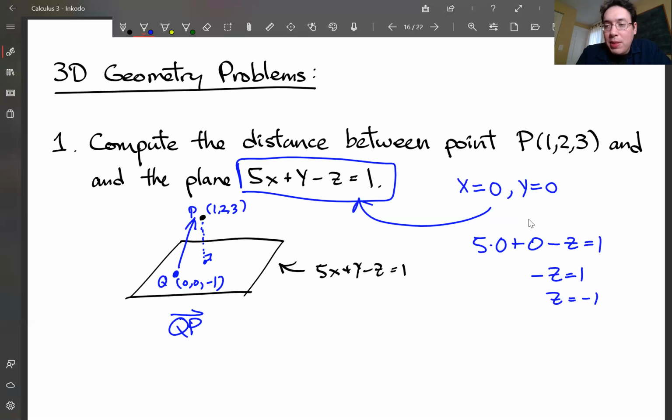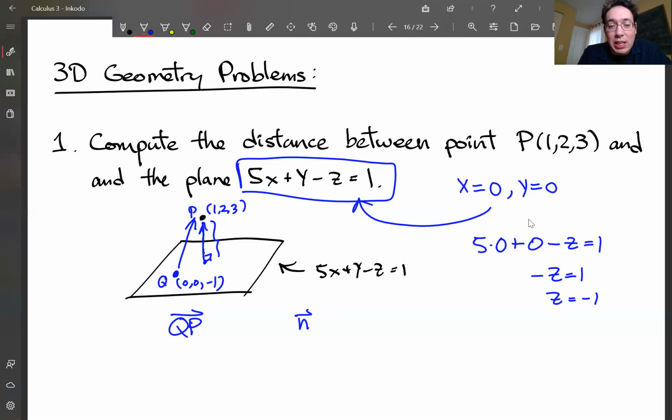Well, Q and P isn't the shortest distance to the plane, but if I cast a shadow in the direction of the normal to the plane, so remember the normal vector for the plane points in the perpendicular direction, that tells you the shortest direction you can take to get to P from the plane.